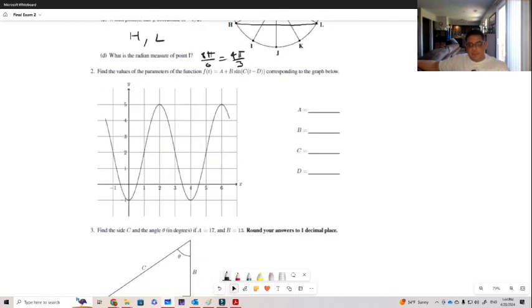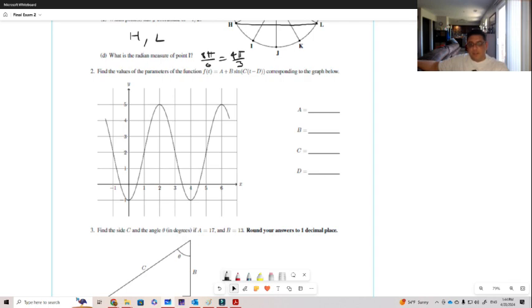Now, number 2 of the true answer is find the values and parameters of the function f of t equals a plus b sine of c t minus d. Notice that this is very similar to the things that we did in the first exam. We can find a lot of information from just analyzing the numbers of the function.